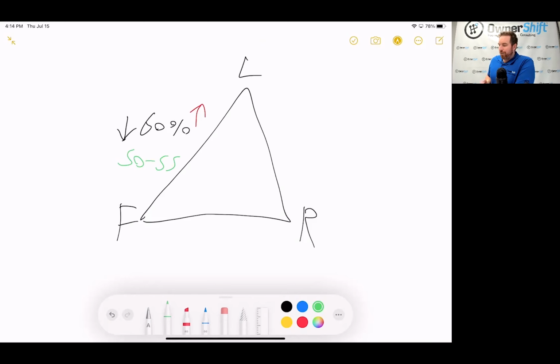Once we've looked at food and labor, the other thing we look at is rent. Normally we see rent percentages anywhere between 8 and 12%. This is pretty normal, and obviously the lower you can go, the better. Anytime you're over 12%, that is really high. When your rent is higher, there's nothing you can do about it.